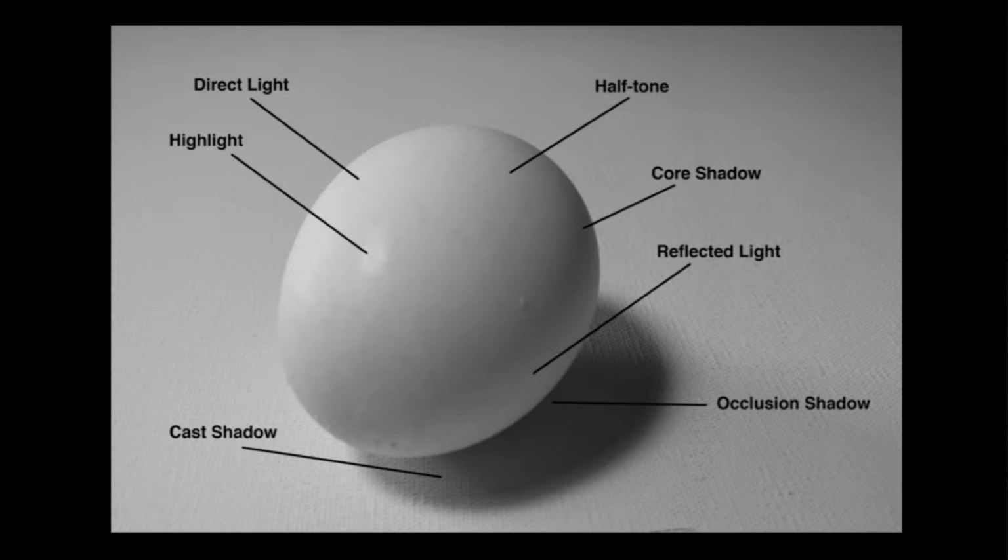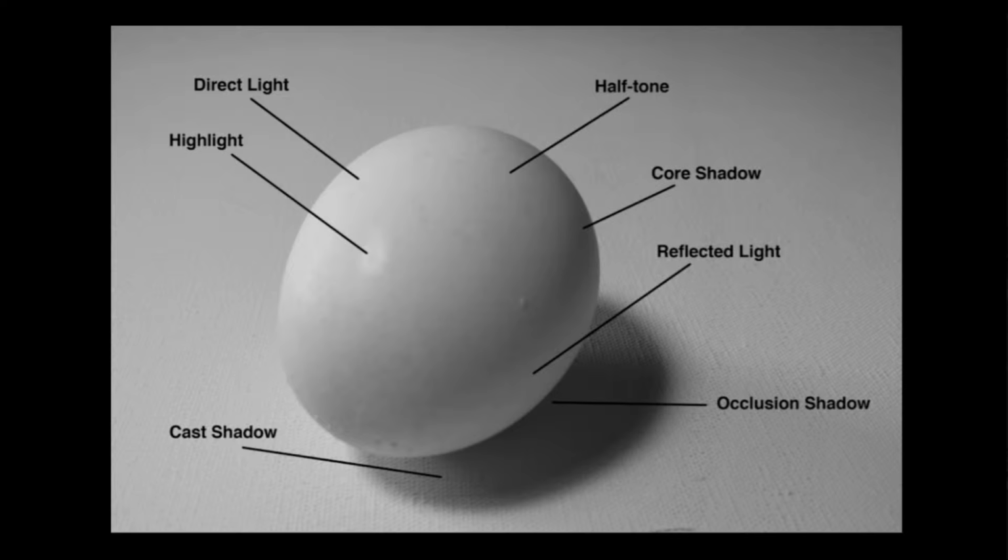Imagine a triangular angle where the light source hits the object directly and that light bounces back to our eyes. That is what the highlight is: the very lightest point in the object, where we have that bouncing light to our eyes.